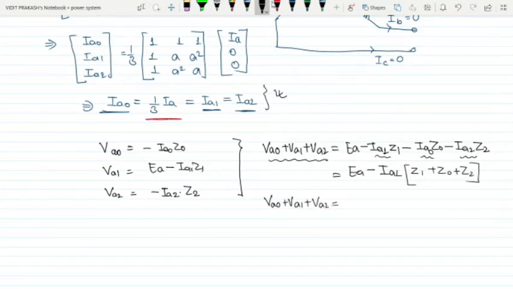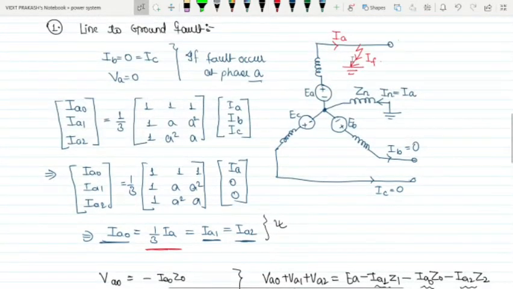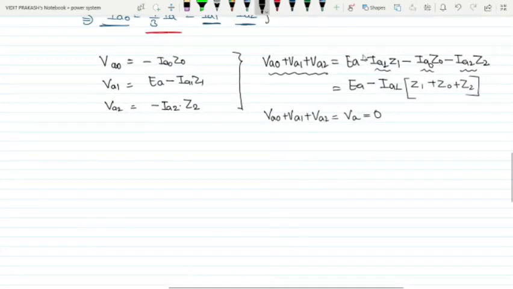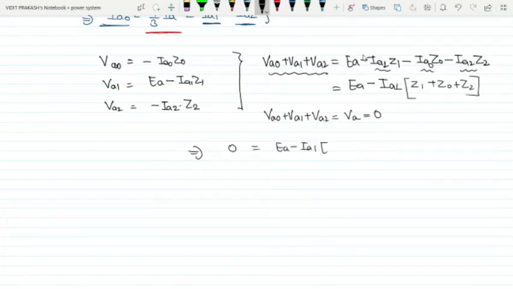Now the summation of all these three components will be equal to VA, and what is VA? That is equal to 0, right? Because short circuit occurs at phase A. If short circuit occurs at phase A, line to ground will get shorted, then the voltage across this will be equal to 0, right? So we can write this equation as 0 is equal to EA minus IA1 into Z1 plus Z0 plus Z2.